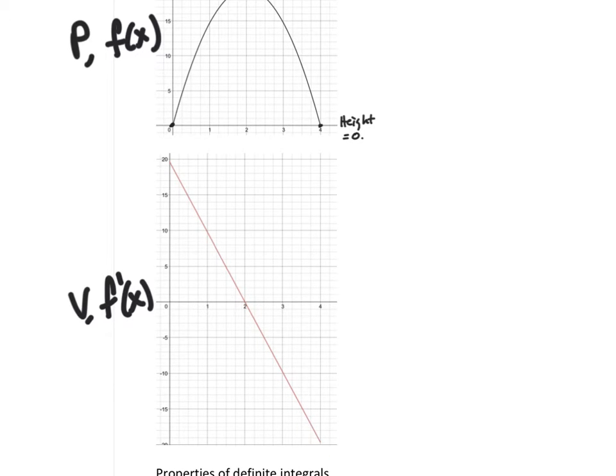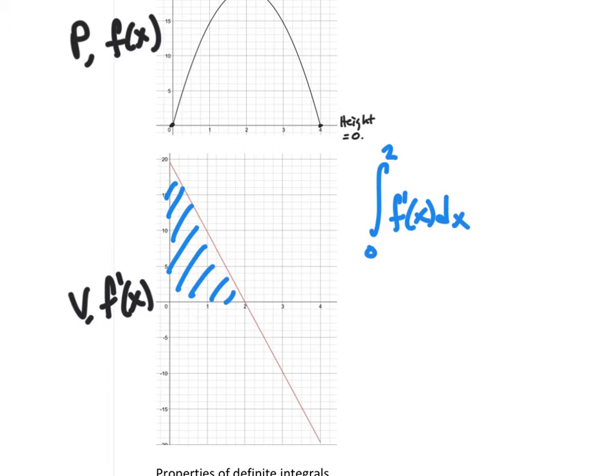Okay, so what I want to do here real quick is calculate the area between 0 and 2 under this graph, okay? So that area, the area between 0 and 2, I'm going to write that as an integral. I'm going to say the integral from 0 to 2 of f prime of x dx, okay?